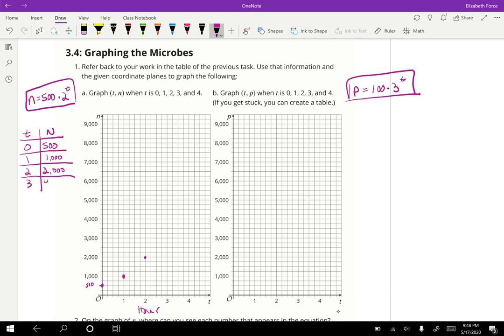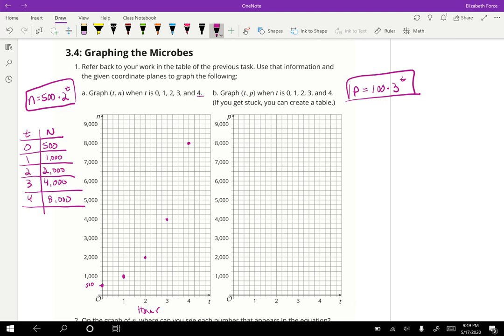Hour 3, we're sitting at 4,000. And then hour 4, we're at 8,000. And they just wanted you to go up to hour 4. 8,000 is all the way up here. All right, I think I got those right.